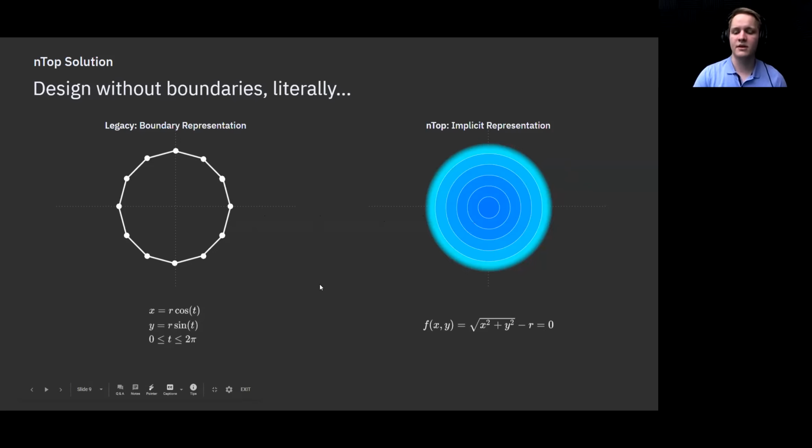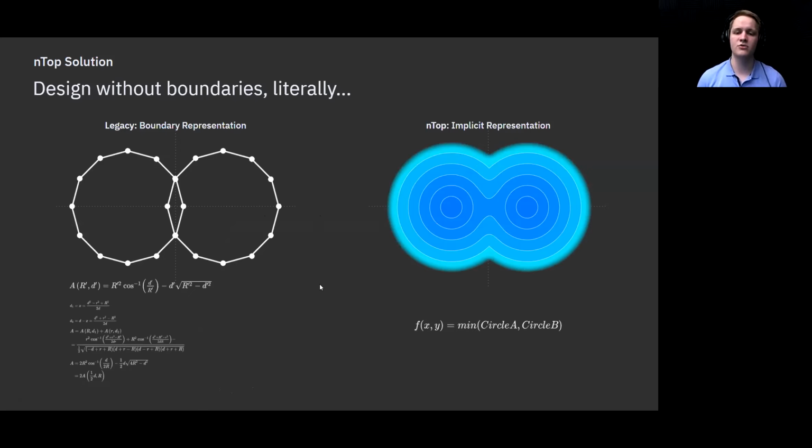But when we do something a little bit more complex, like merging two cylinders together and blending between them maybe, the equations needed to represent those CAD surfaces get very complicated very quickly, but the implicit equation that we use is still very simple, and therefore we can do these complex things much easier and much quicker.